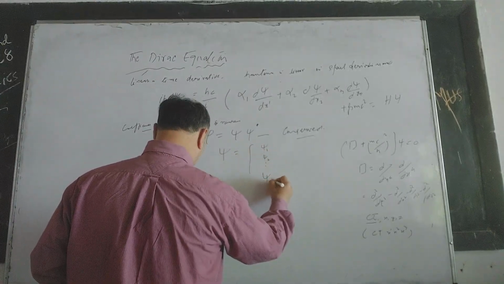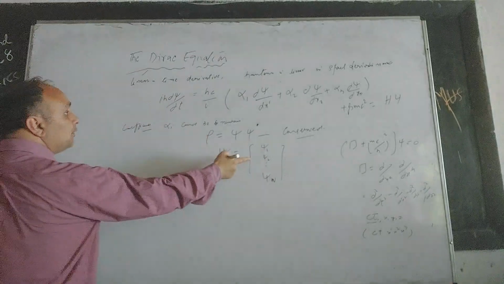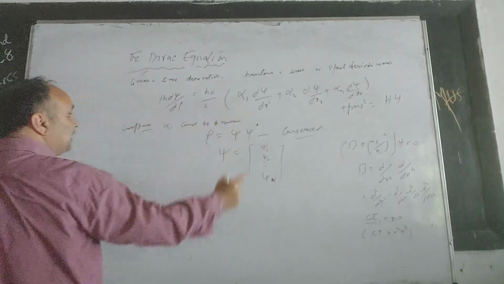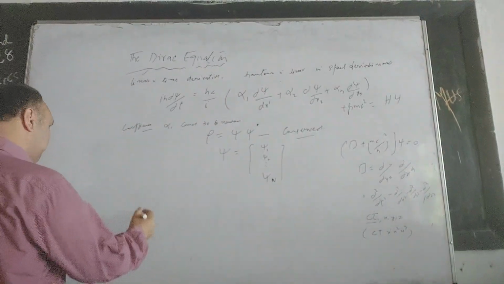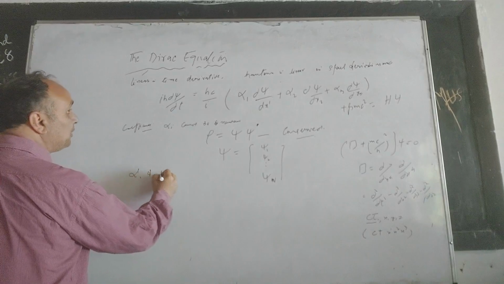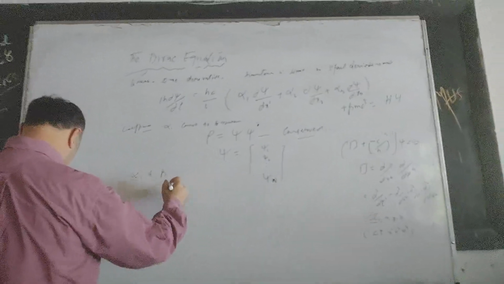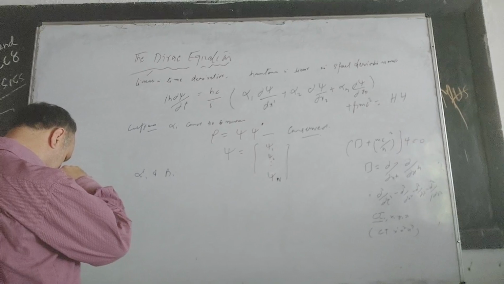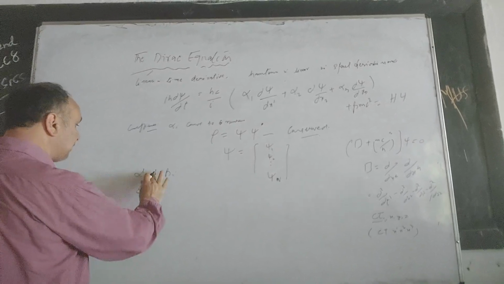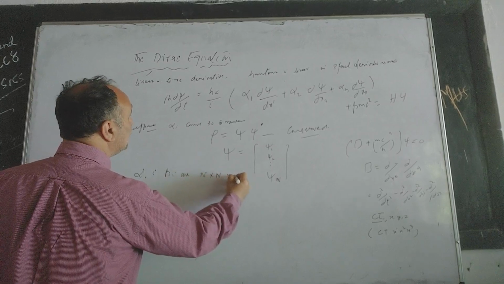So if it's not a scalar, it has some value here: alpha I and beta I are matrices.